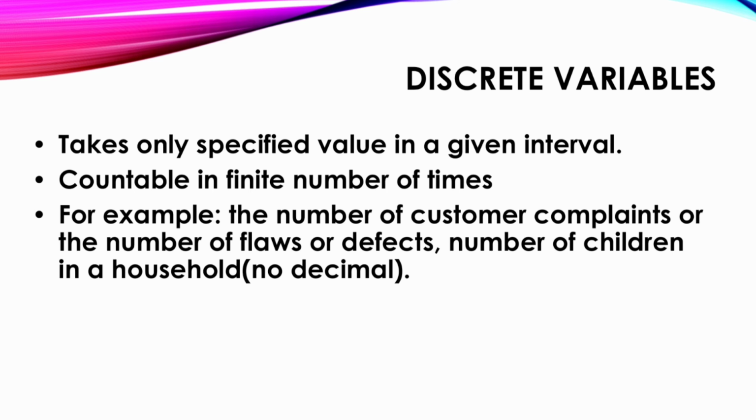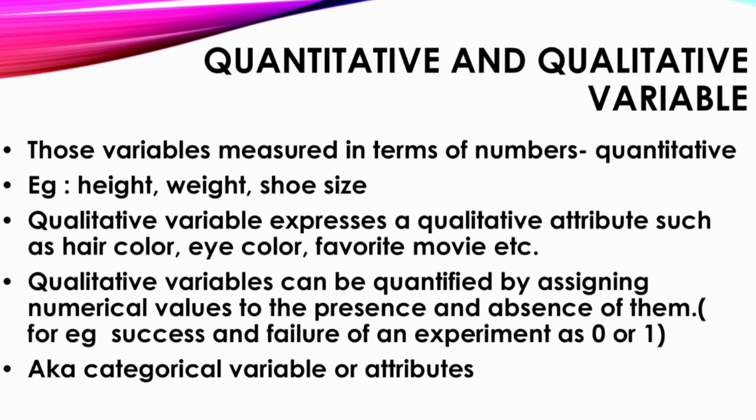So the next type is the quantitative and qualitative variable. As the name suggests, quantitative variables are those which are measured in terms of numbers. That is, the phenomena which can take quantitatively different values, like height of a person, weight of a person, shoe size of a person, etc. And qualitative variables are those which take qualitative attributes of things, such as hair color, eye color, favorite movie, etc. Basically, qualitative variables are those which cannot be quantified by assigning numerical values to the presence and absence of them.